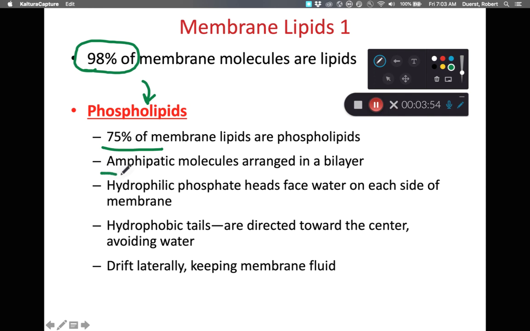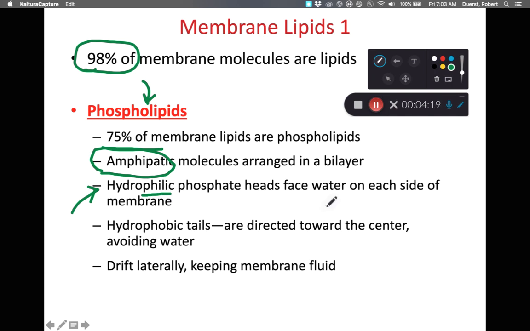To review, phospholipids are amphipathic. This means that they have hydrophobic and hydrophilic regions. The hydrophilic portion, the philic meaning love, think of phileo, which is a root word that means sibling love or brotherly love. You can think of Philadelphia, the city of brotherly love. Hydrophilic heads are going to face water.